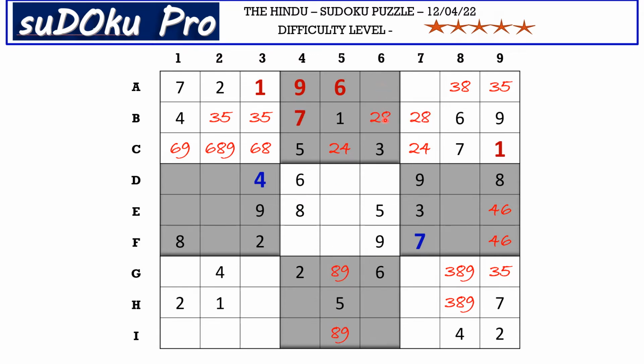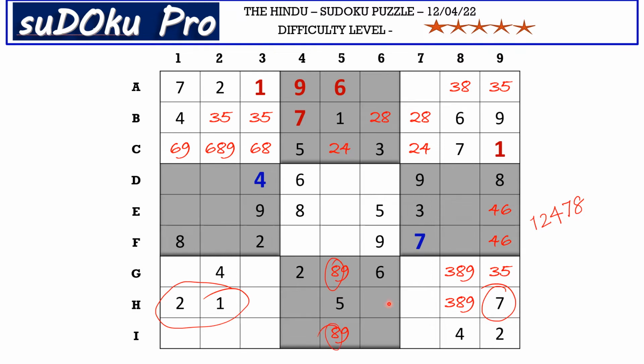In column 6 there are 5 missing numbers and the missing numbers are 1, 2, 4, 7 and 8. If you take H row you have 1 and 2 here, there is a 7 here, and there is 8 in this block.